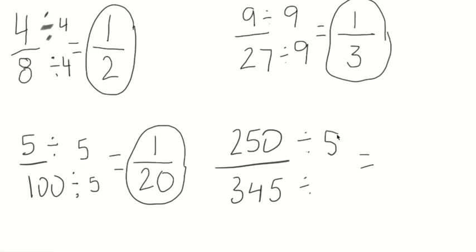Let's try that. What is 250 divided by 5? 50. What is 345 divided by 5? 69.